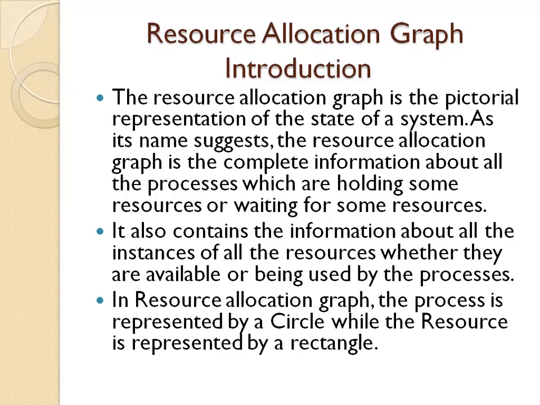In a resource allocation graph, the process is represented by a circle while the resource is represented by a rectangle. It is actually a directed graph where we have arrows that will be depicted.